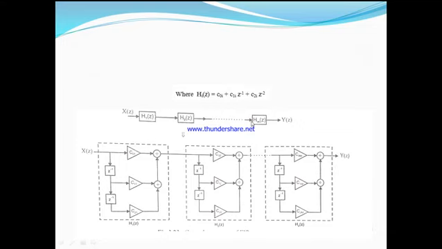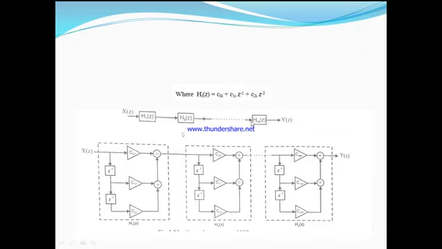Next one, IIR filter. The IIR filter, the infinite impulse response filter, is a recursive filter. That means the output from the filter is computed from the current and previous inputs and also the previous outputs. So this filter uses the previous values of output.